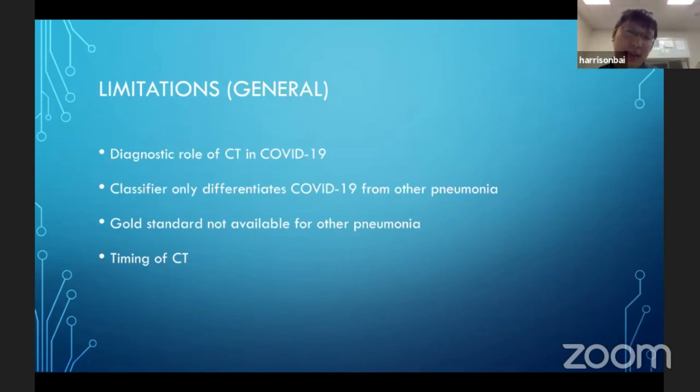And lastly, the timing of the CT is very important, because the most important role of AI is probably distinguishing between the two at an early stage, when it's most difficult, or when the sensitivity of the RT-PCR is not that high. We wanted to do that as well, but the cohort size is very limited.